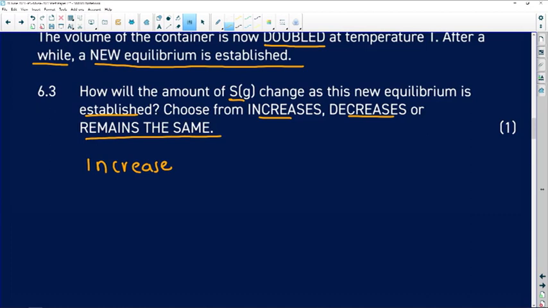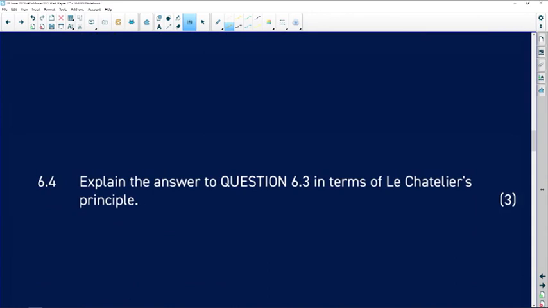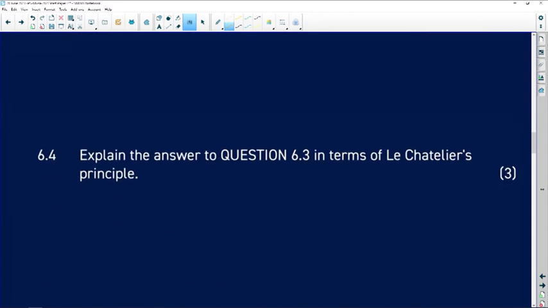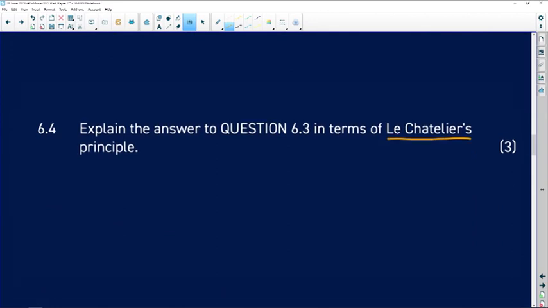Why is it increase? I'm sure the examiner would want us to give a reason in the next question. Explain the answer to question 6.3 in terms of Le Chatelier's principle. So we need to explain now. What do we know?